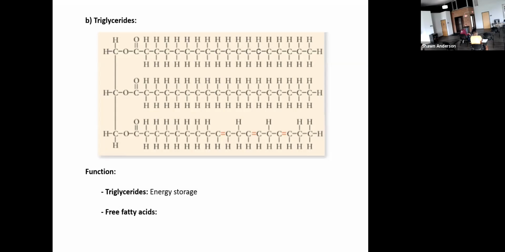Triglycerides, their function is to store energy. That's the function of the triglyceride. It's to store energy. In particular cells, we call them fat cells or adipose cells.